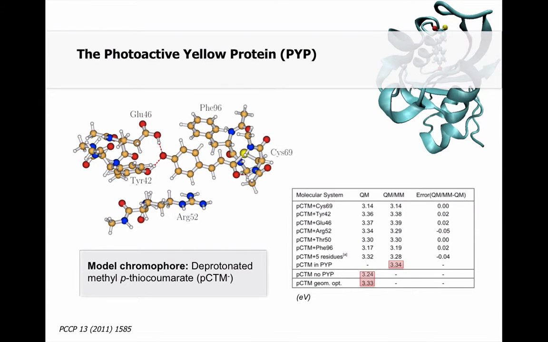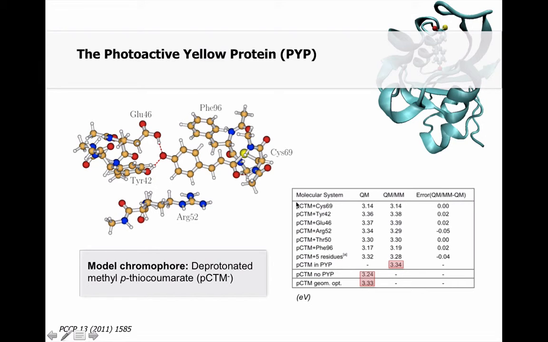To do so, we first tested the expected accuracy of the polarizable embedding model by looking at some small models representing the photoactive yellow protein. These small models consisted of the chromophore and then one residue at a time, a residue lying very close to the chromophore.